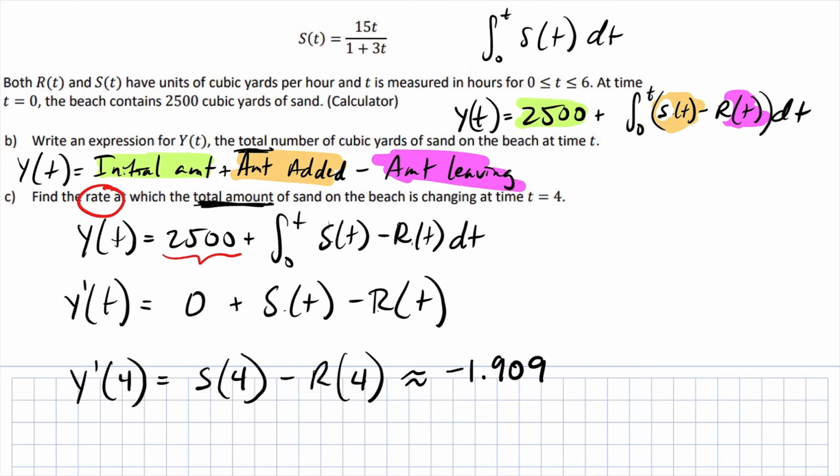Units, though, what units would that be? It's a rate, so it's going to be units over time. What type of units are we using here? Something over something.